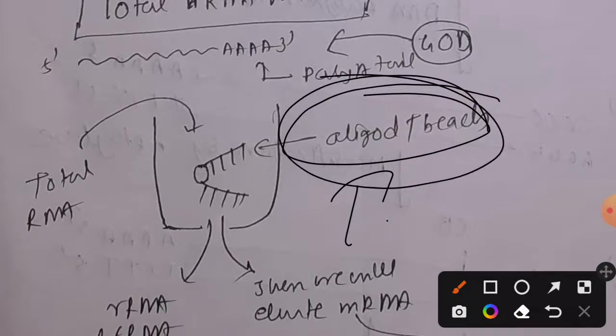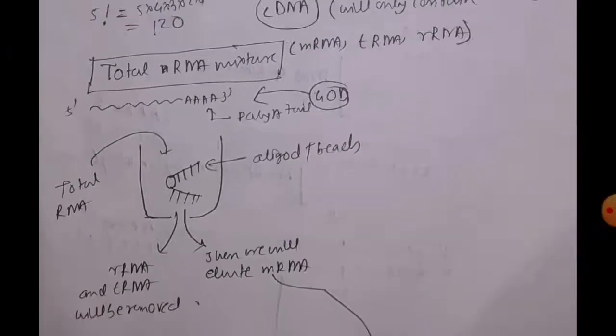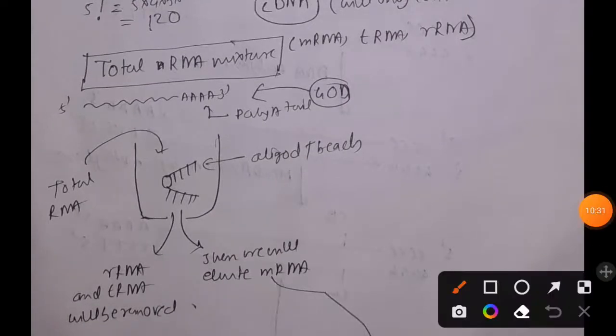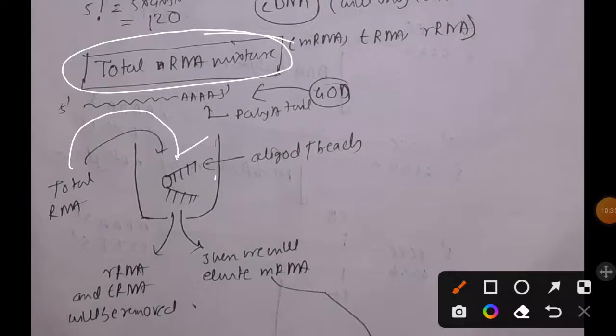Now, think about what happens if we add the entire RNA mixture in that column. As tRNA and rRNA are devoid of a poly A tail, only mRNA will be attached here and become entrapped in that solid space.